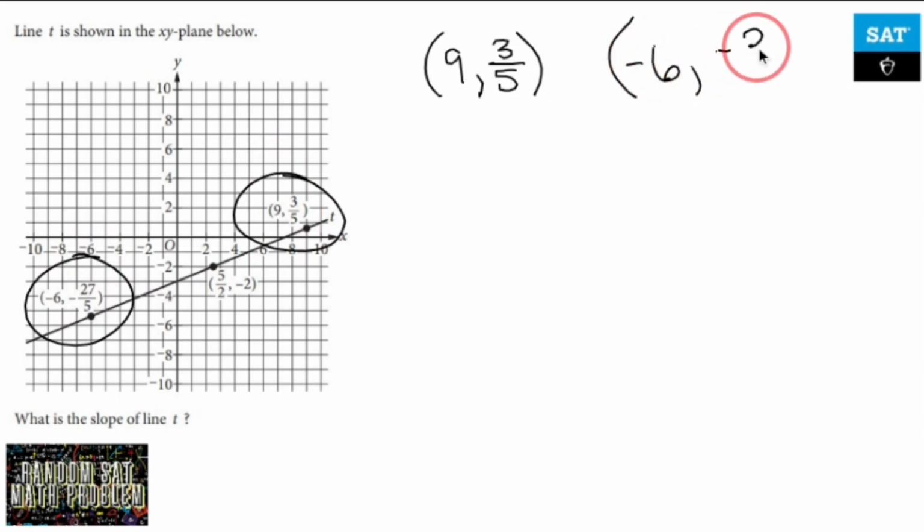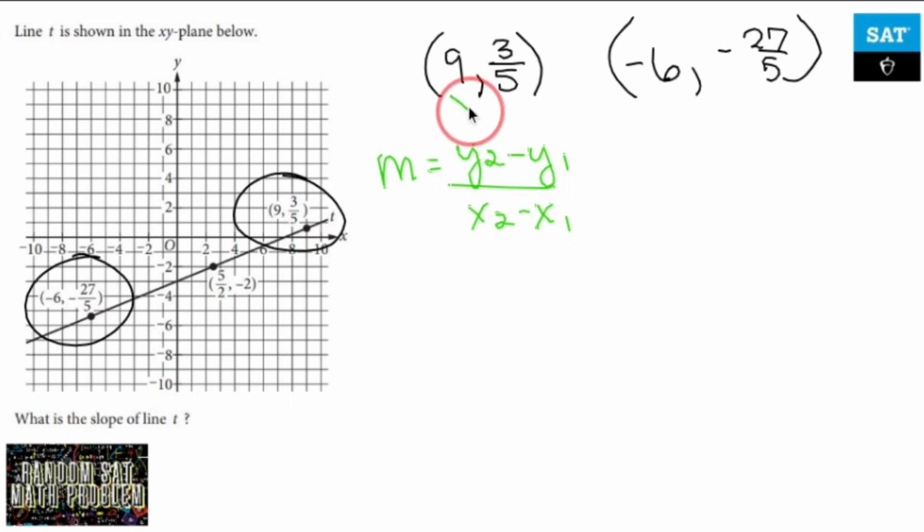(6, -27/5). Now the slope formula is m equals y sub 2 minus y sub 1 over x sub 2 minus x sub 1. I'm going to label one of my points x sub 1, y sub 1, and my other point x sub 2, y sub 2. Let me just plug away.